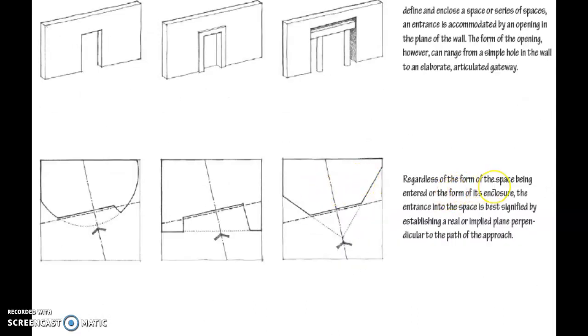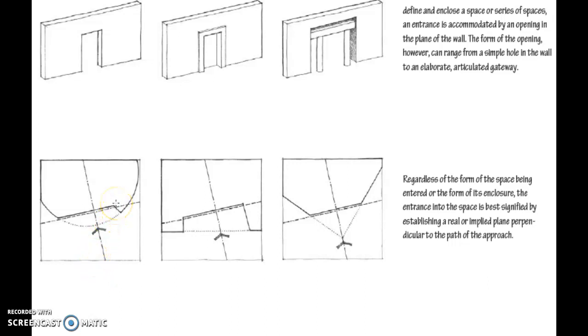Regardless of the form of the space being entered, or the form of its enclosure, the entrance into the space is best signified by establishing a real or implied plane perpendicular to the path of the approach. So you see the entrance best when you have a frontal approach to any building, because the entrance is perpendicular.